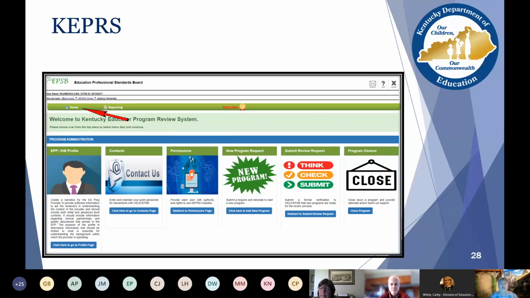Please note, there is a timeout feature built into KEPRS. If you are idle in the system for more than 25 minutes, or if you stay on the same page for more than 25 minutes, the system thinks that you're idle.